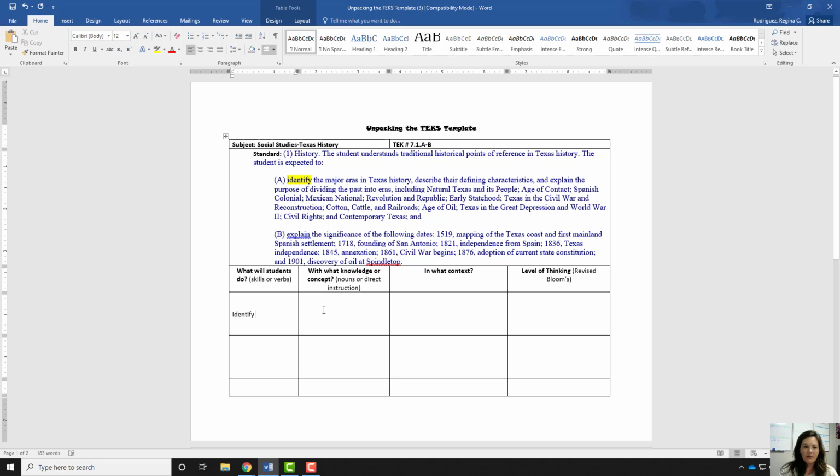in the box here. It says with what knowledge or concept, and if you're my English peeps, that's your nouns or your direct instruction.